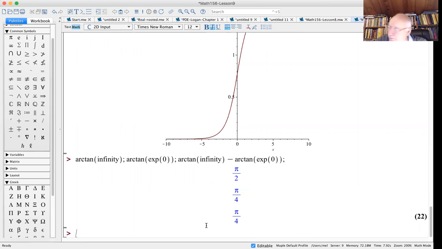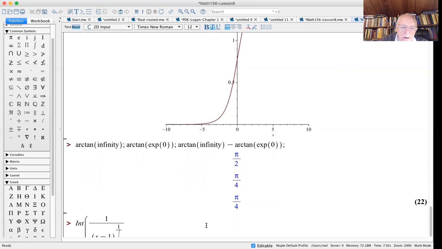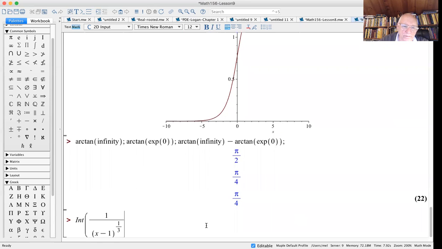Let's do one more example from the text. This is number 49. We have the integral of the function 1 over the cube root of x minus 1, that's x minus 1 to the power 1/3, as x goes from 0 to 2.